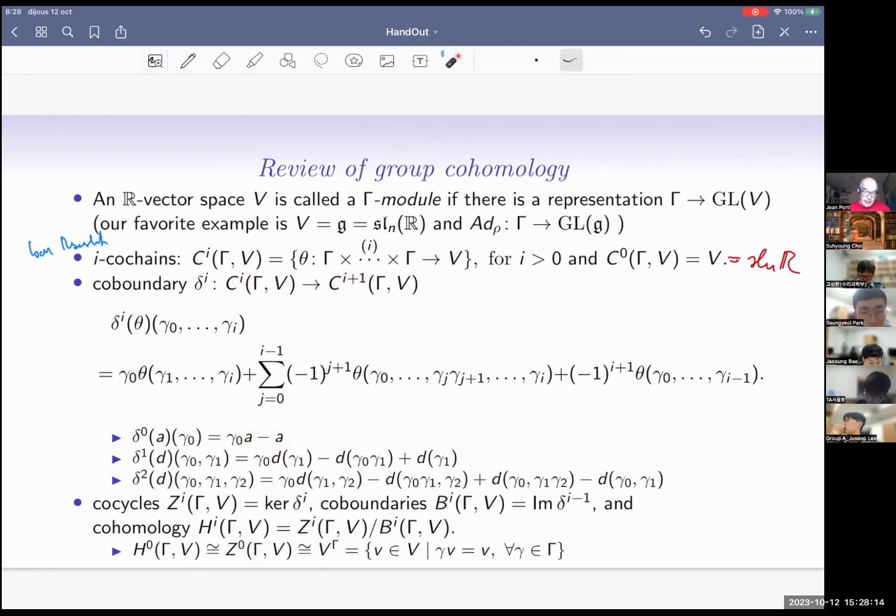For every element A in V, or in the Lie algebra, just take the action: map gamma to gamma of A minus A. Okay, that's something we saw when we were talking about B1. Right? The space of coboundaries will be the image of that.